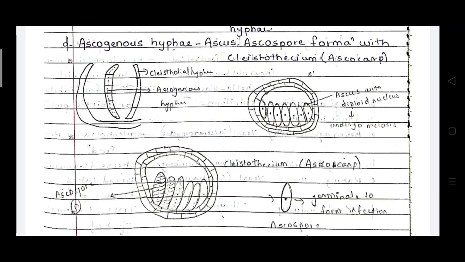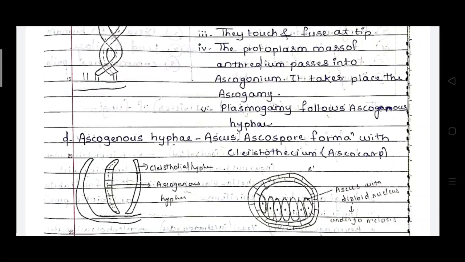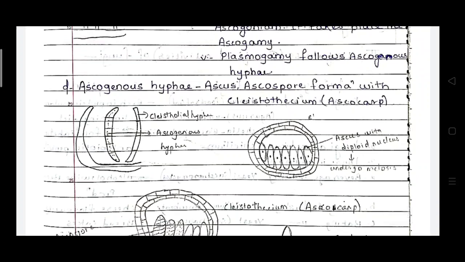At that stage karyogamy also takes place, that is the union of the nuclei of the male and female sex organs. They form the diploid nucleus in the ascus, and this diploid nucleus undergoes meiosis.